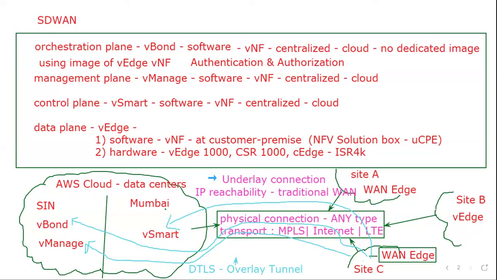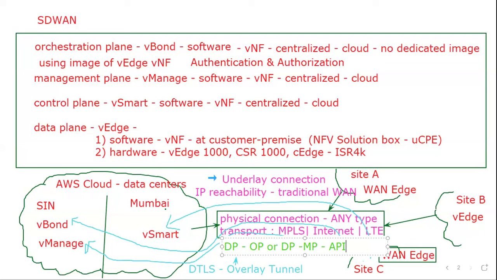If we have the connectivity between the data plane, I will write it as DP, and the orchestration plane, OP, or the data plane and the management plane, the communication is via API.